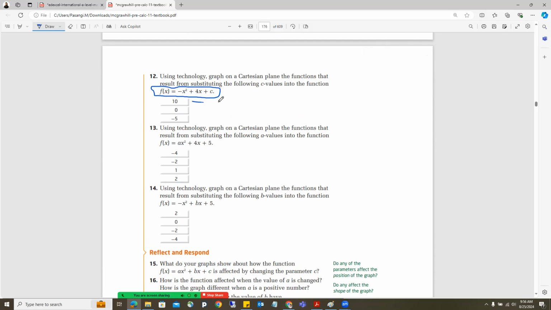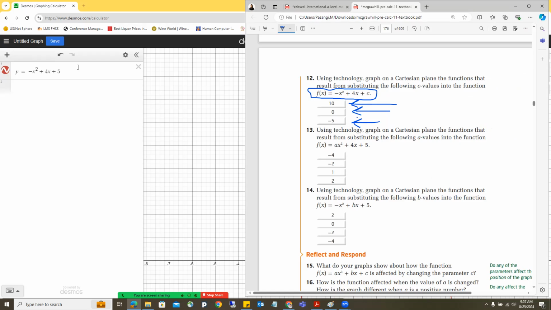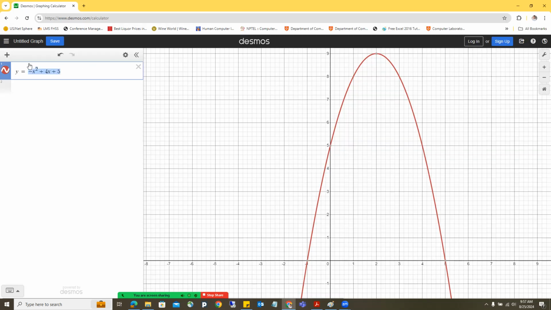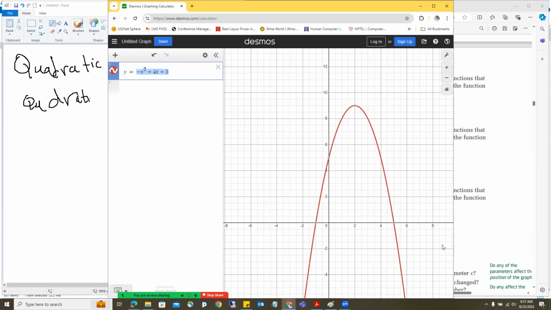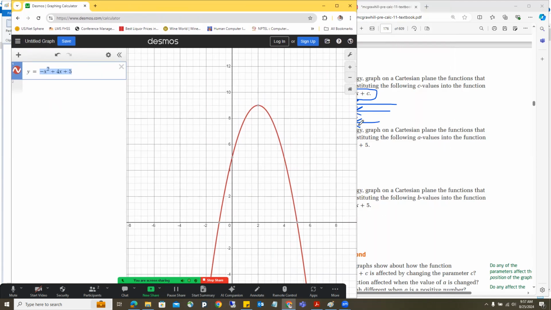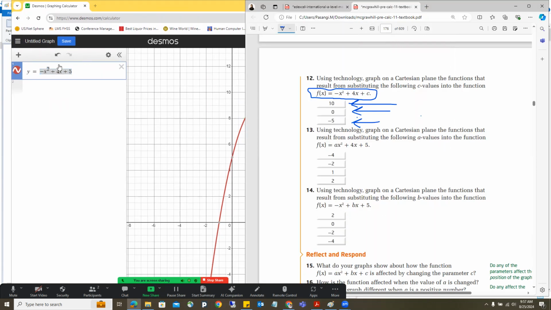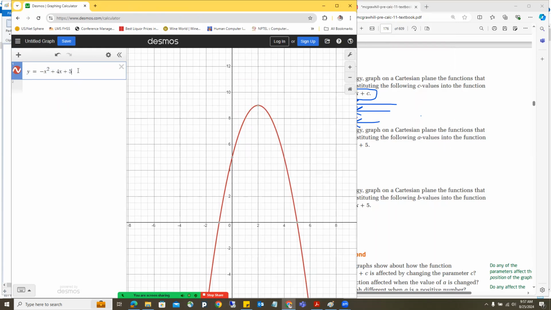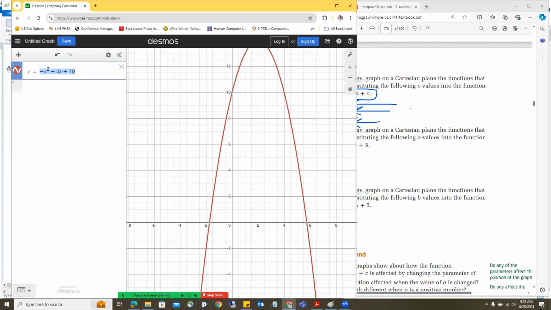Now they ask us to draw three graphs when c is equal to 10, c is equal to 0, as well as c is equal to minus 5. Let's draw that first. The first one is minus x squared plus 4x plus 10.